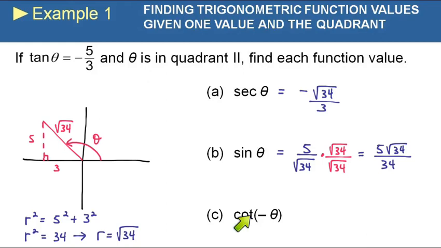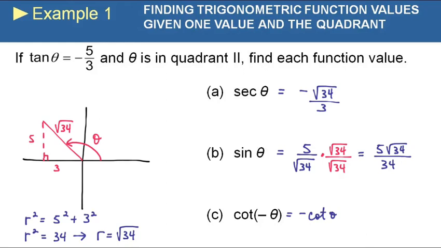And cotangent, well, we know from our negative angle identity that cotangent of negative theta is equal to negative cotangent of positive theta. Now we needed to do that because our diagram is not going to tell us the cotangent of negative theta, it's going to give us cotangent of positive theta.